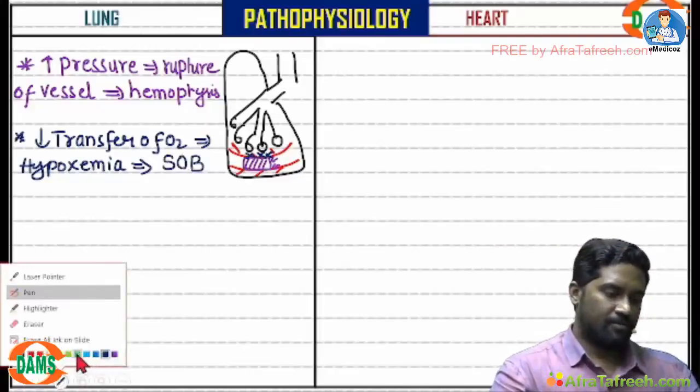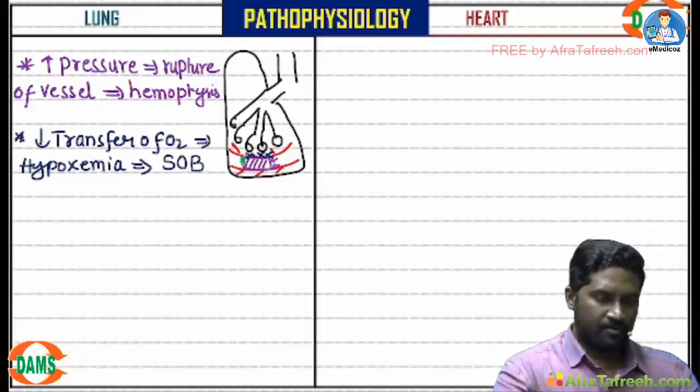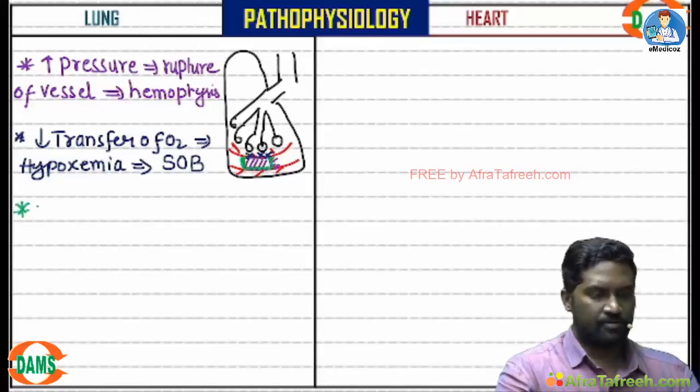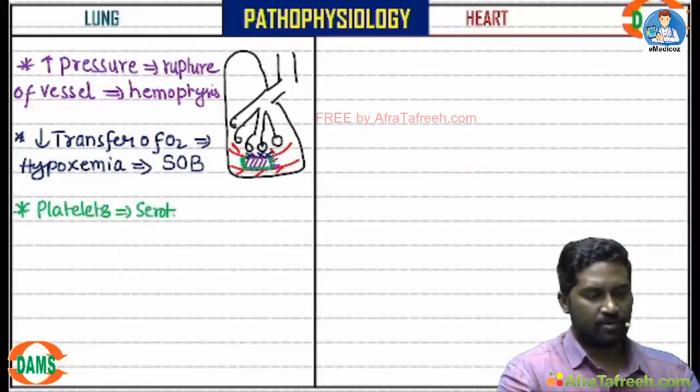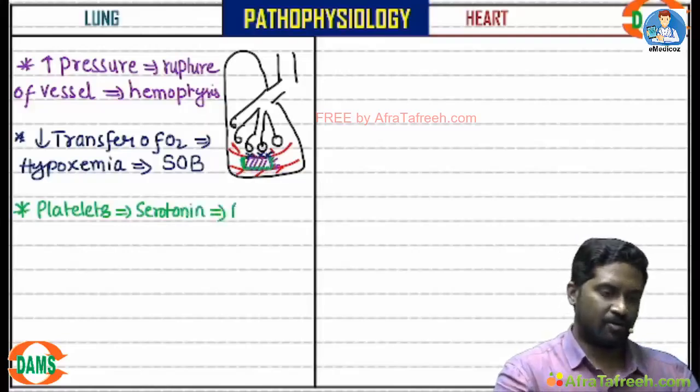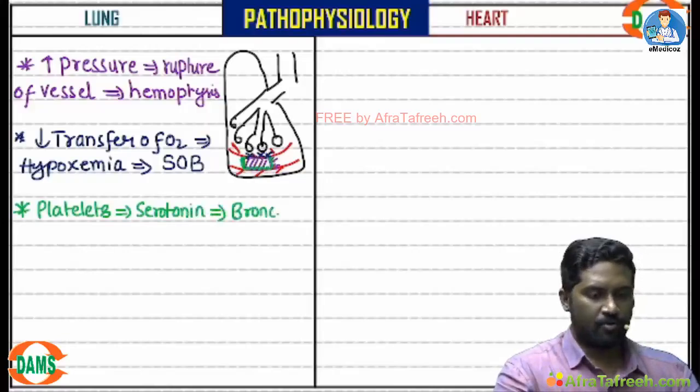When there is a thrombus, around the thrombus your platelets can aggregate. These platelets can secrete serotonin, and this serotonin can cause bronchospasm.